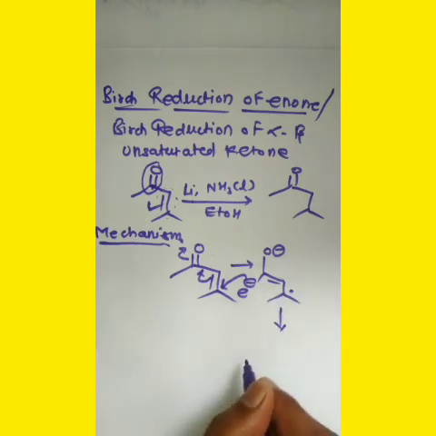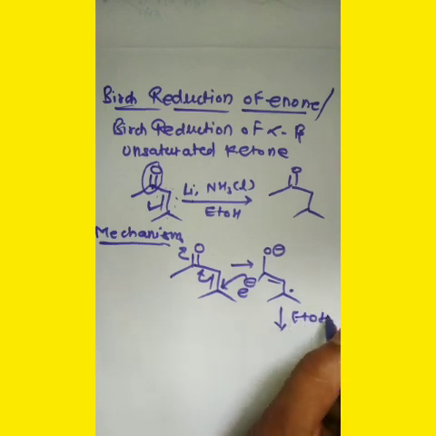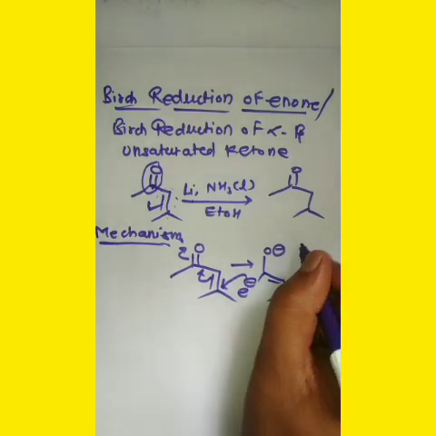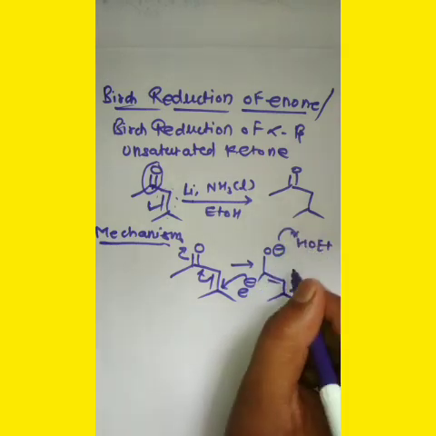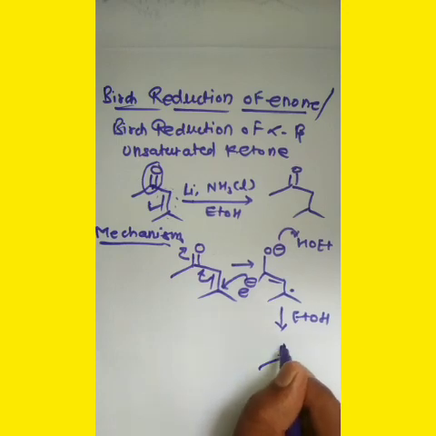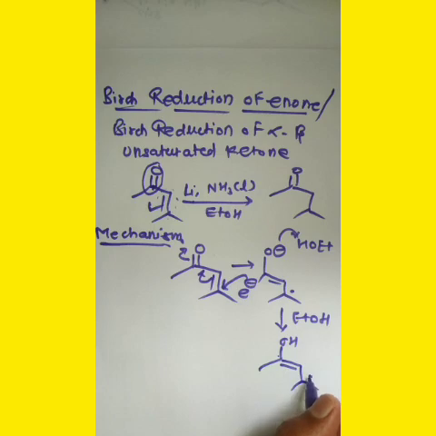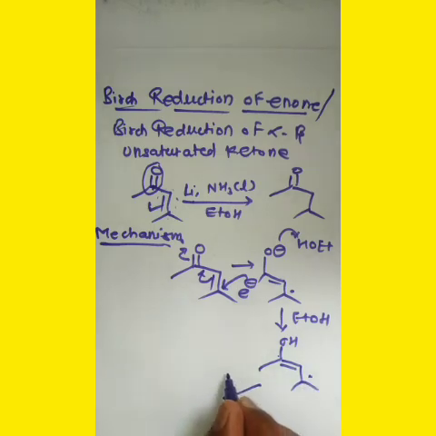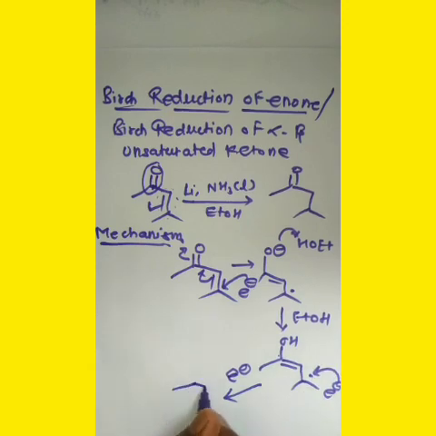This one again abstracts the proton from the solvent, that is ethanol. We get the OH double bond and the anion. This anion further takes a solvated electron, the electron adds like this one. We get the next structure.